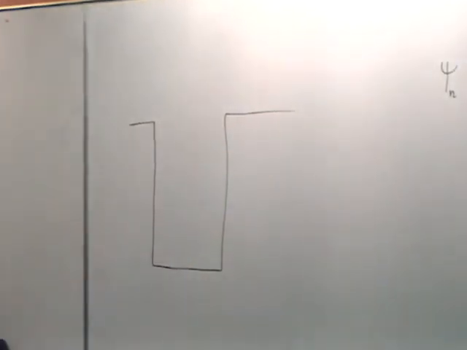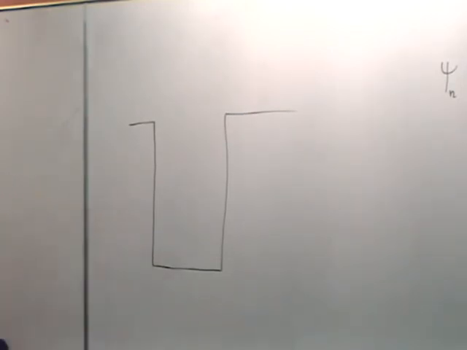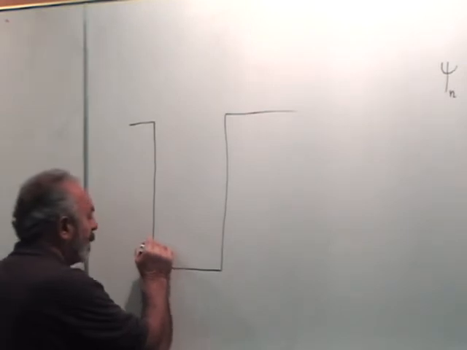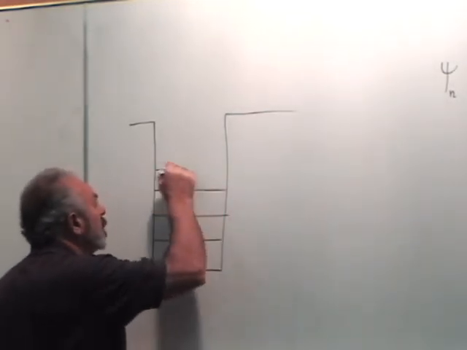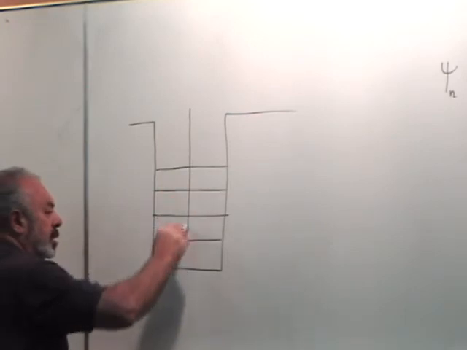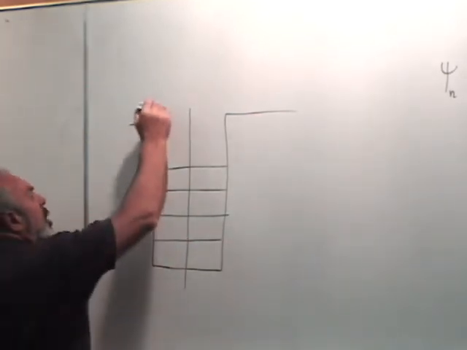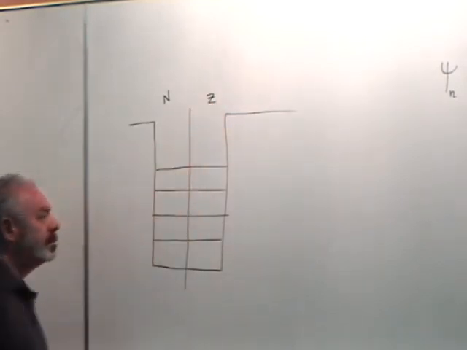And like you might expect just from our work on the hydrogen atom, there are energy levels in the nucleus like this. And I'm going to split this thing in half, because this is the number of neutrons and this is the number of protons.